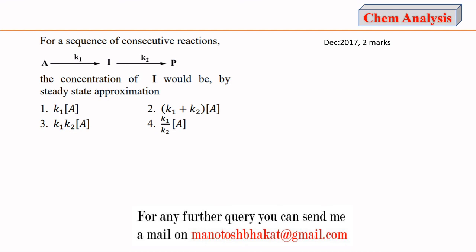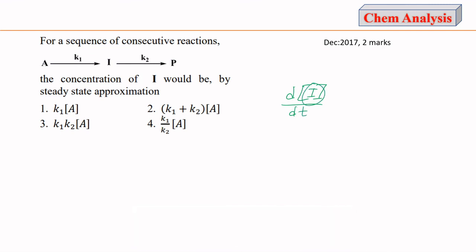That means the rate of formation of the intermediate is equal to rate of decomposition of that intermediate. That means in simple words we can write that the change of concentration of intermediate I with respect to time, dI/dt, is equal to 0. This is the concept for steady state approximation.